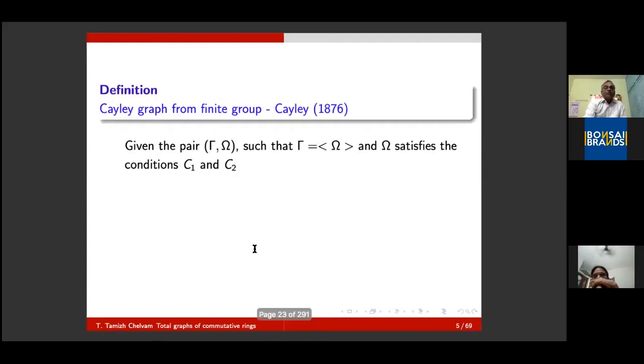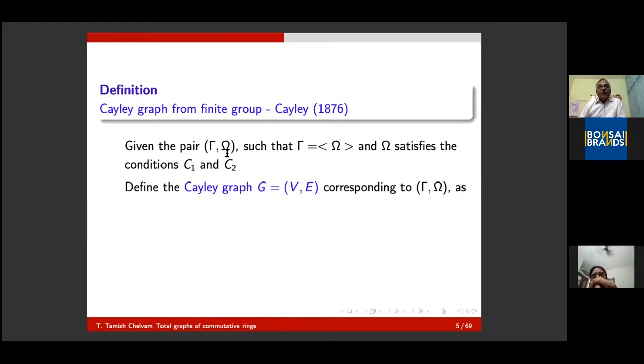Once you have a group and the generating set satisfies conditions C1 and C2, that is, the identity element is not there, and it is symmetric in the sense that whenever an element A is there, its inverse should also be there, then we define a graph called the Cayley graph corresponding to the pair gamma comma omega.